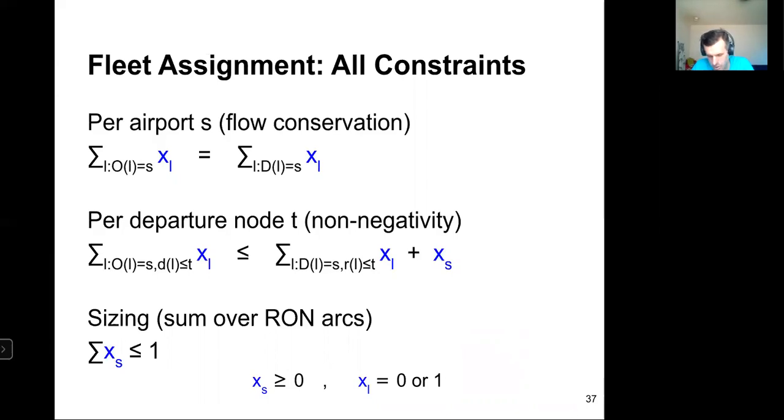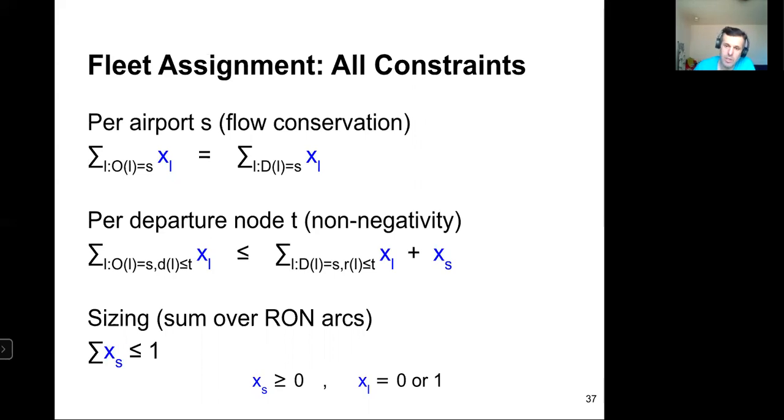And then at the bottom, there are also a couple of technical assumptions. Yes, we're assuming that all the variables are integers, larger than 0 for the remaining overnight arcs, and zeros and ones for the variables on the links.